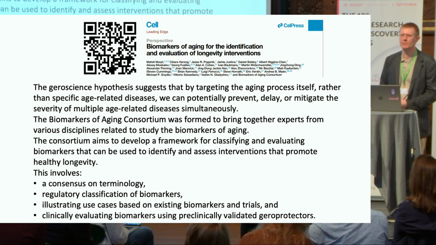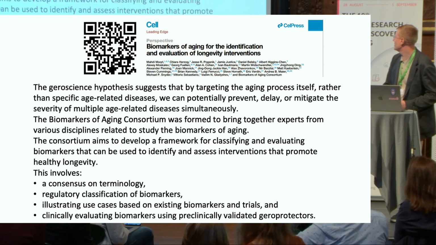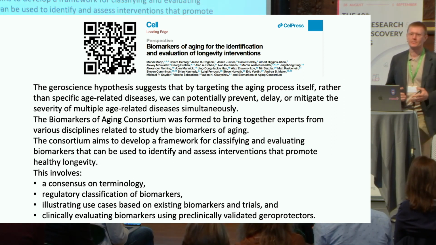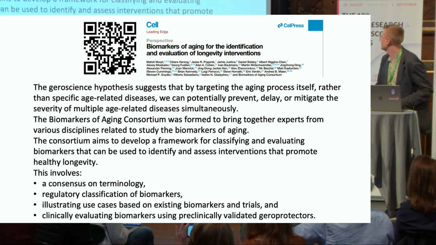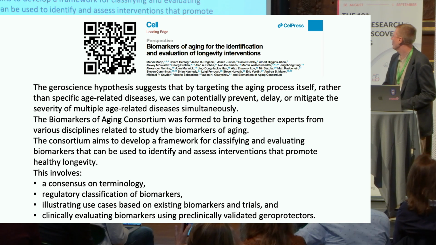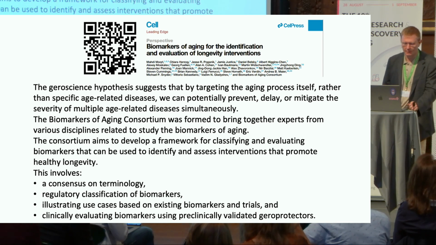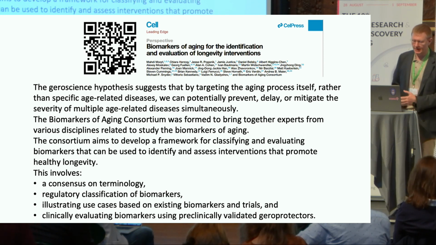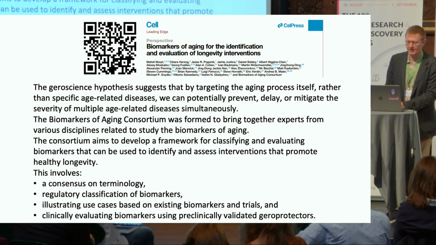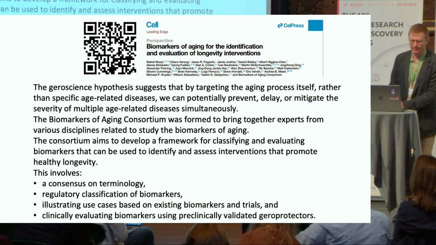Very recently, a paper will be published in Cell from a big consortium, the Biomarkers of Aging Consortium. This consortium was organized by Vadim Gladyshev and Mahdi Moqri. The aim of this consortium is to develop a framework for classifying and evaluating biomarkers that can be used to identify and assess interventions that could promote healthy longevity.